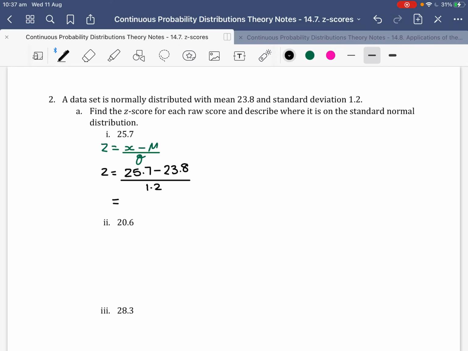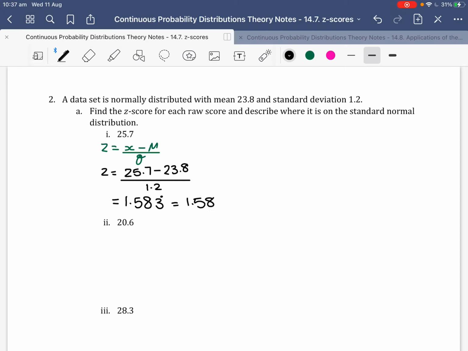When we put this into our calculator, what we get is 1.583 recurring, so we'll just round that to 1.58.